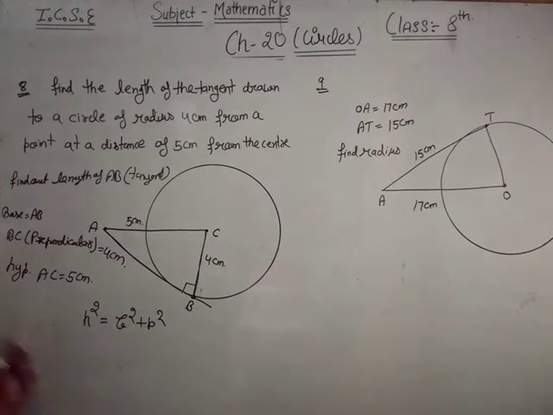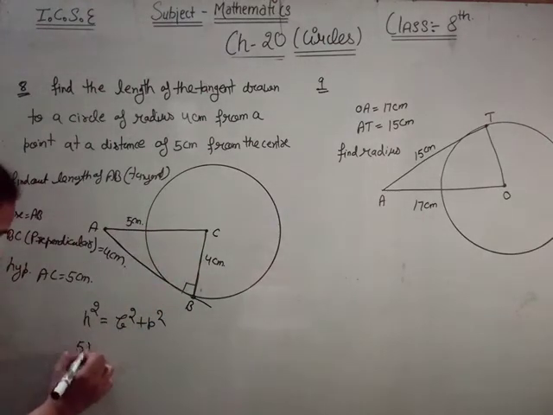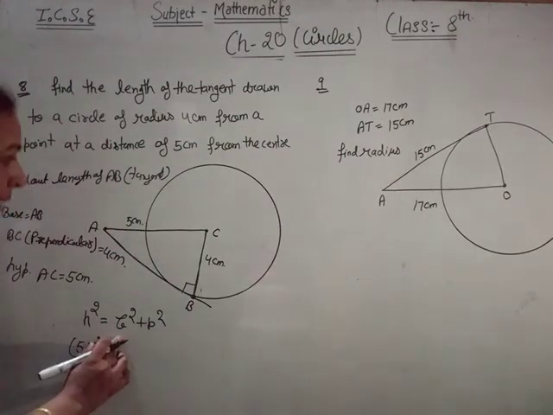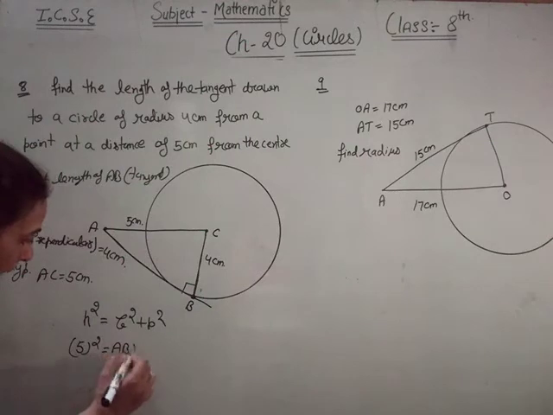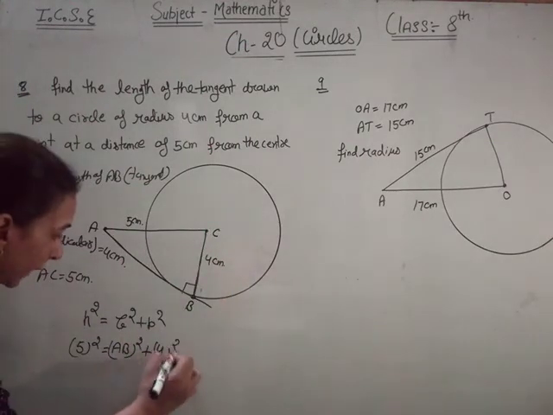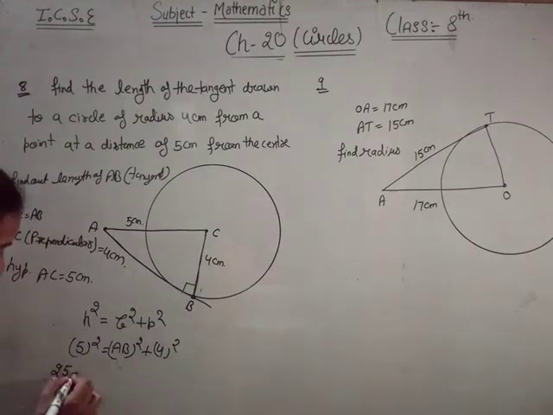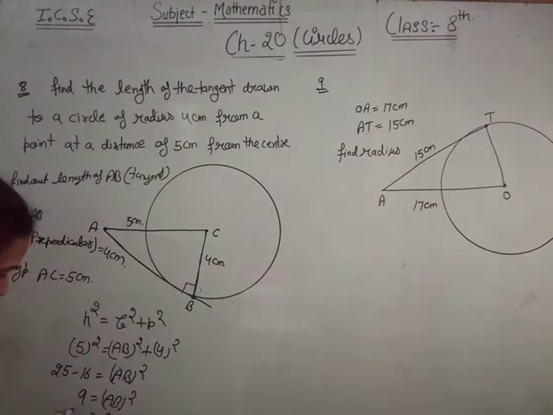Hypotenuse AC is 5, so 5 square equals base AB square plus perpendicular 4 square. 25 minus 16 equals AB square, and this equals 9 equals AB square, and AB equals root 9, which is plus minus 3.